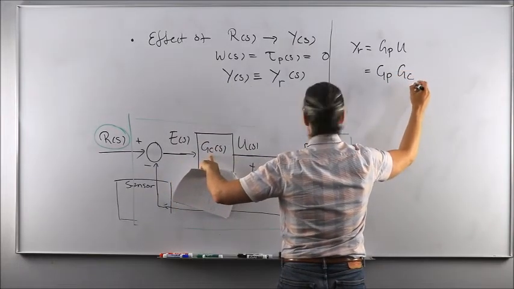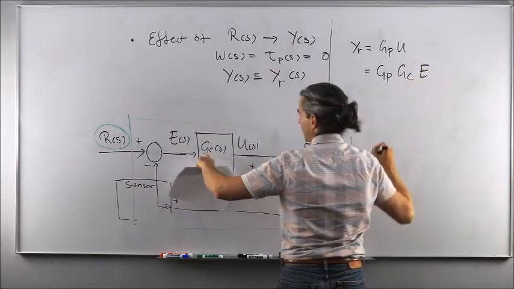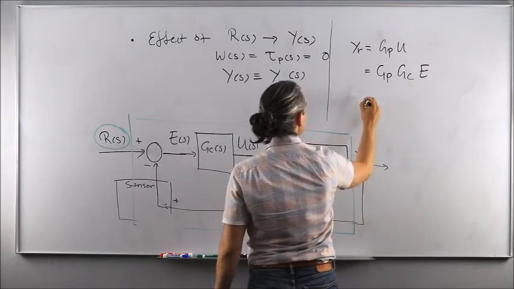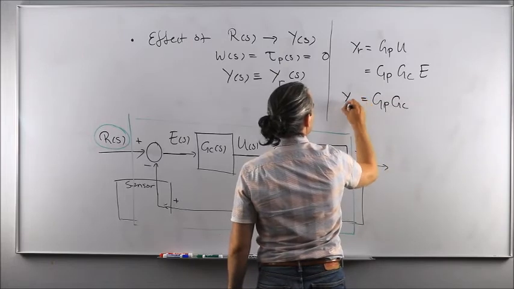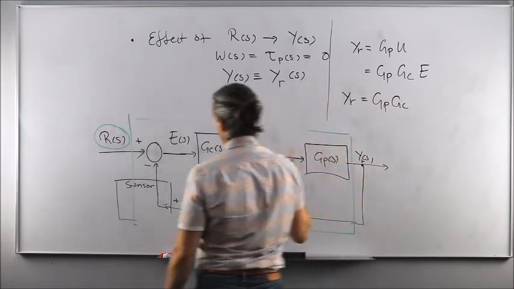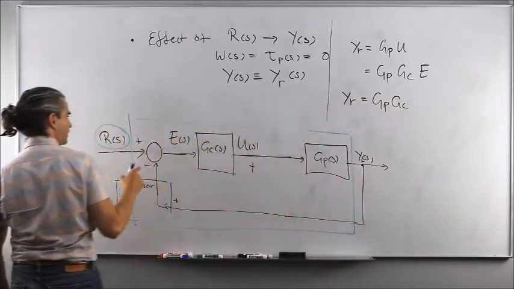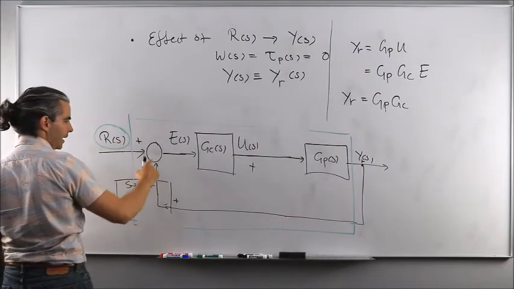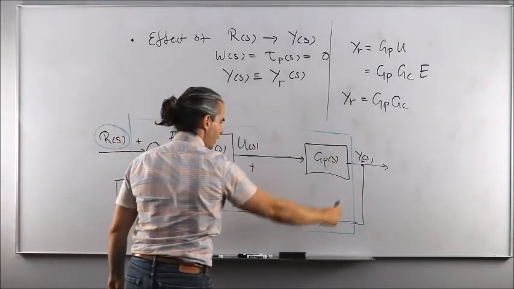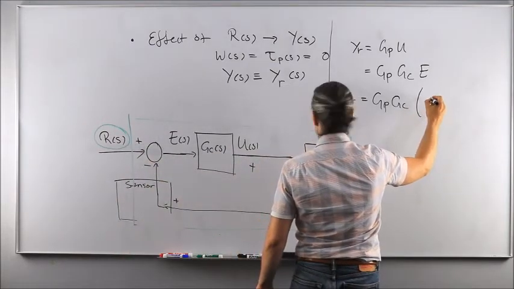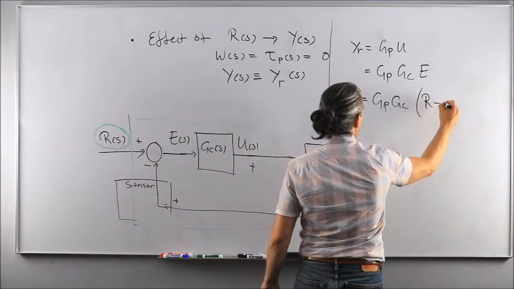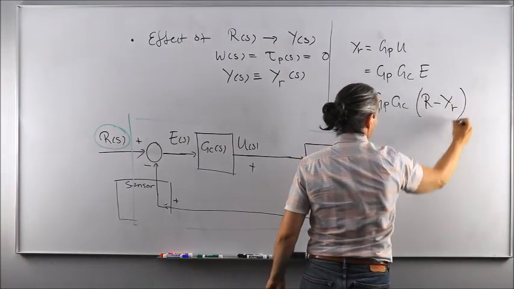So GC times the input, which is E, YR. But I know that the error signal is the difference between the reference signal and in that case, Y of R without any noise. That would be R minus Y of R, like that.